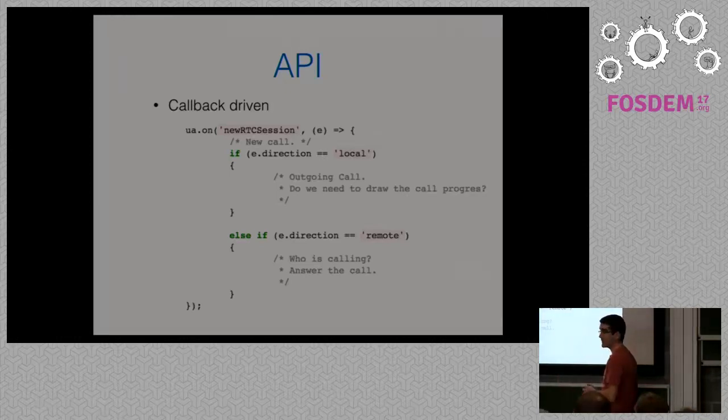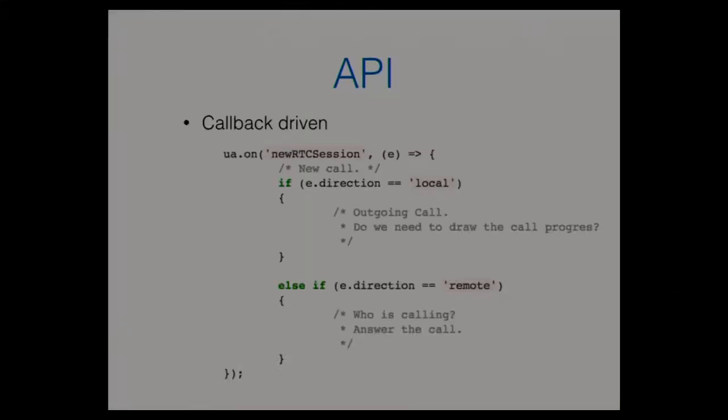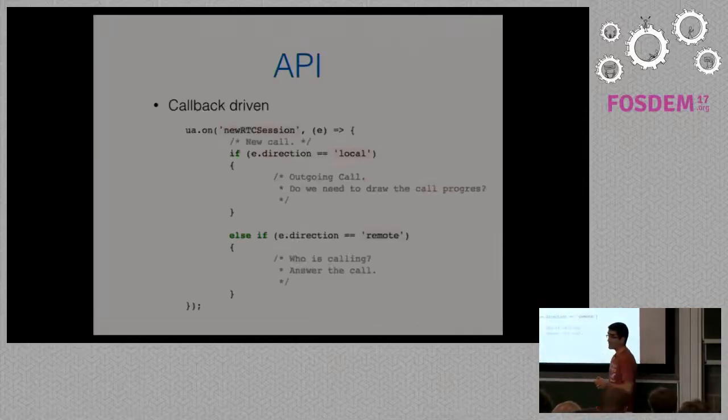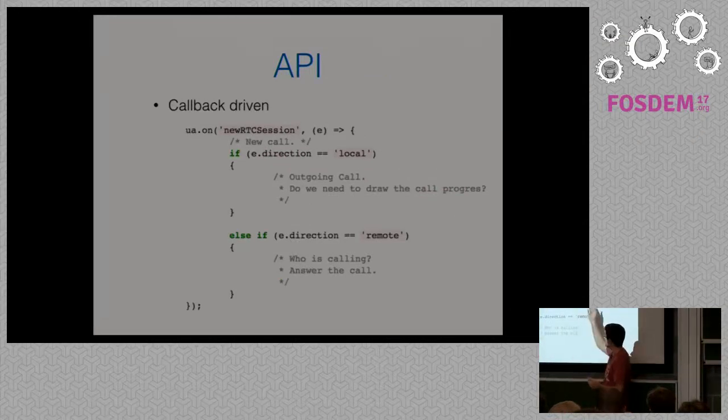You can then inspect in the callback object the direction, which is quite a common attribute of JsSIP callback objects, telling you who is doing this action. Is this new RTC session locally generated? Is it an outbound call? Is it remotely generated? Is it an inbound call? Then answer, check it, reject, do whatever you need.